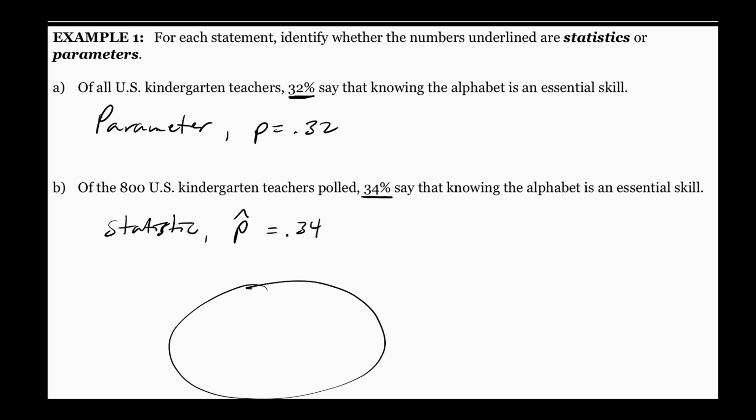This is all the teachers. This was the sample, right? So maybe these teachers they got here had a higher percentage opinion than the rest, right? So what would we expect about the rest? Would it be higher than 34 or lower than 34? Lower, because overall it's 32, right? So they would need to balance each other out. Okay.